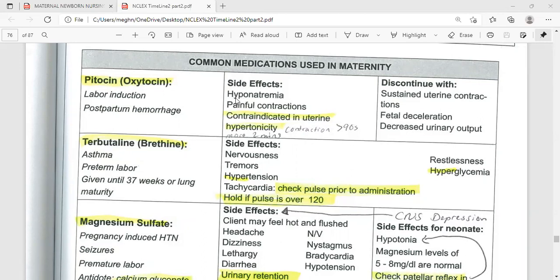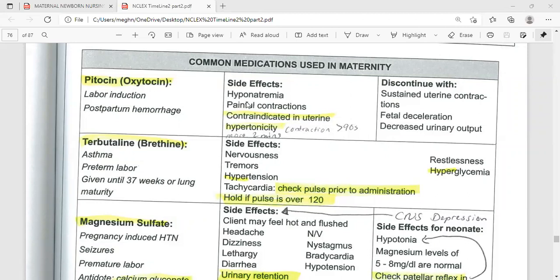It can cause hyponatremia, painful contraction, or contraindication in uterine hypertonicities. Let me recap it. The common side effects of pitone: it can cause blood pressure to be elevated, right?